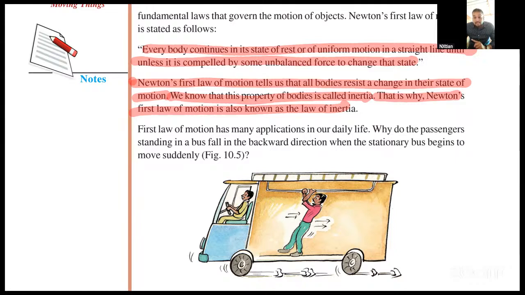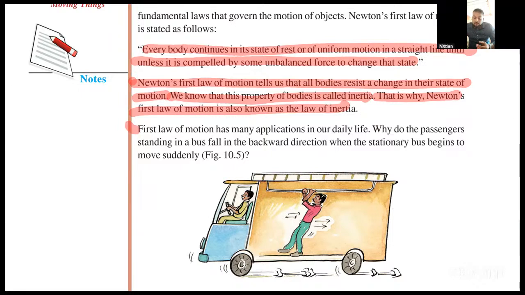So unbalanced force also depends on the object. Which object are you moving? If you're moving a bottle, I need a little unbalanced force. But if you're moving a house, I need Superman power, Superman force to move a house. Did you understand, guys? Yes, sir. Yes or no?